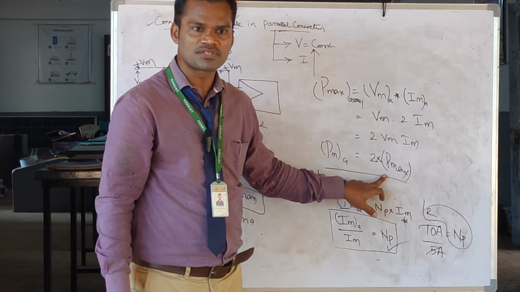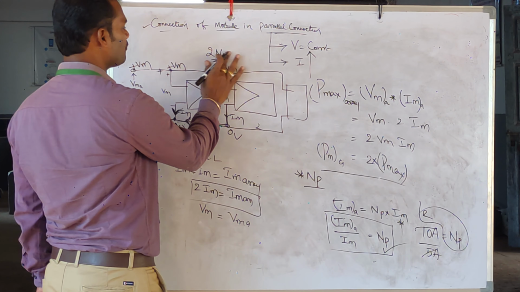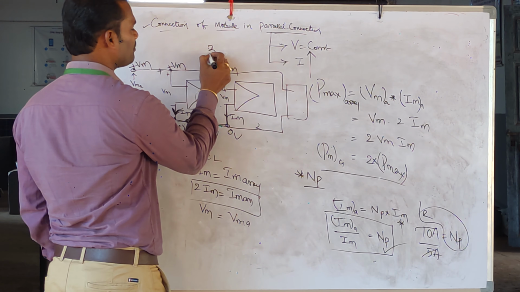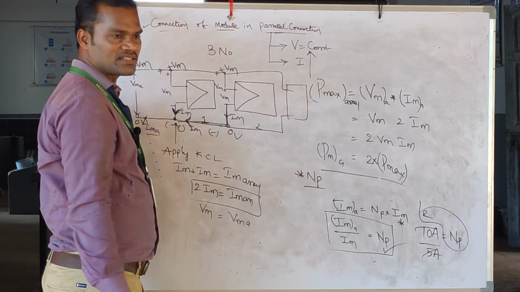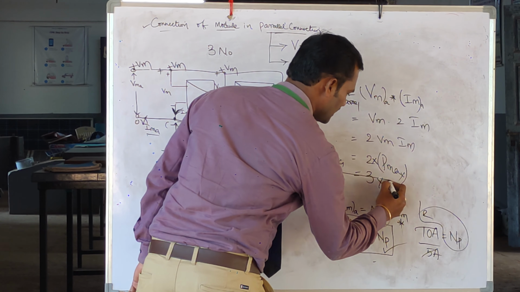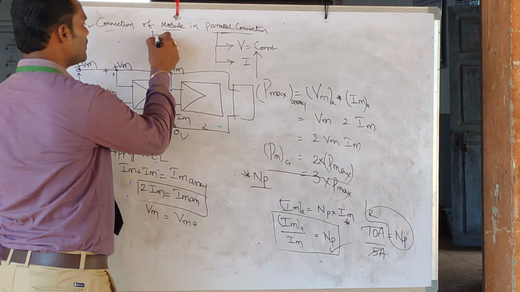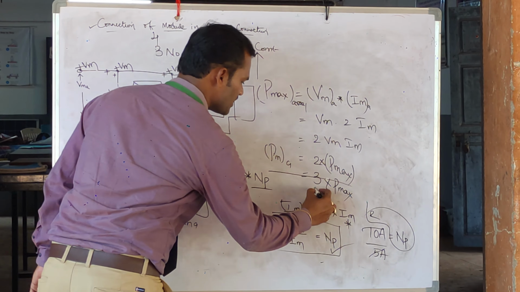2 times. For example, for the same connection, I am going to draw and join the positive and join the negative. Therefore, how many panels am I connecting in parallel now? 3 panels in parallel connection. Therefore, power is also increased how many times? 3 times Pmax. If I use 4 panels, the power is increased 4 times.